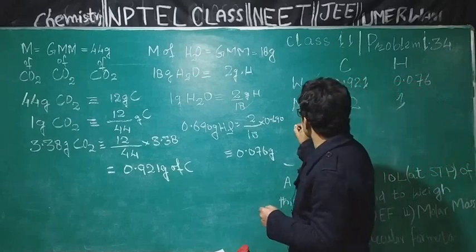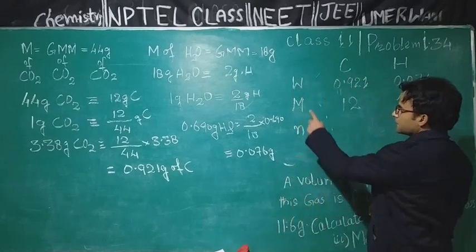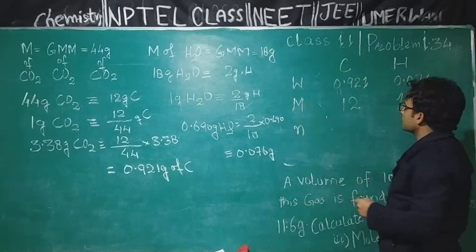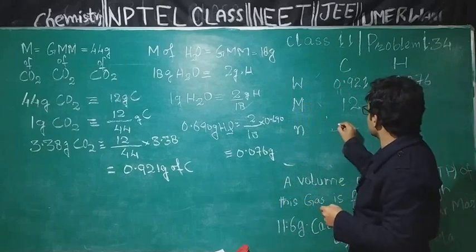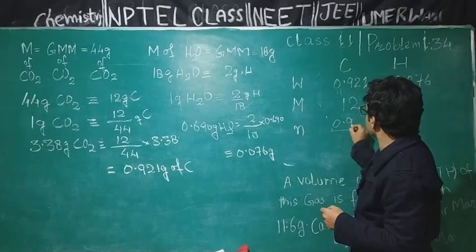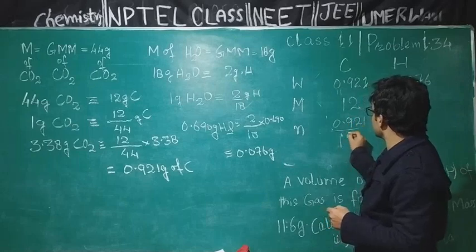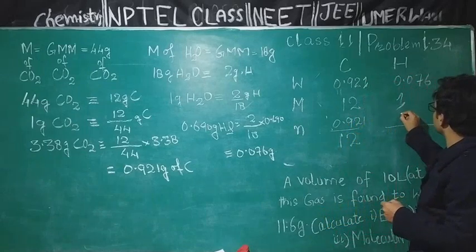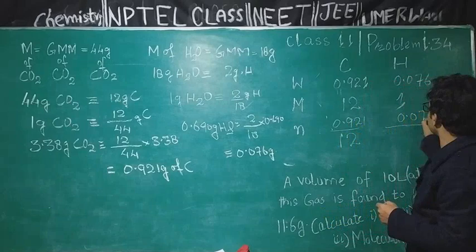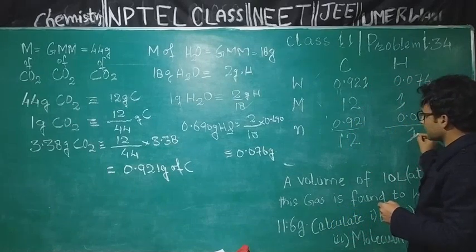I will calculate moles. Moles is equal to the ratio of given mass and molar mass. For carbon I will calculate the ratio 0.921 divided by 12, and for hydrogen I will do 0.076 divided by 1.